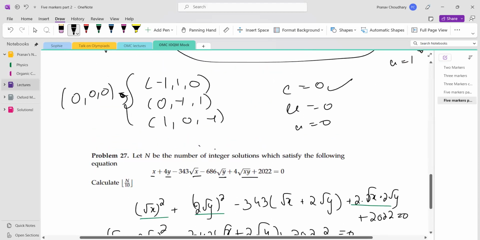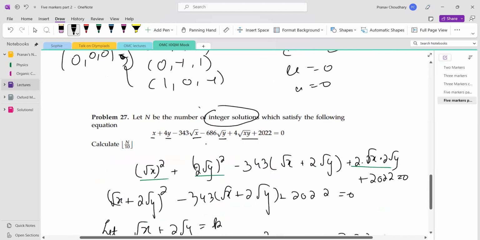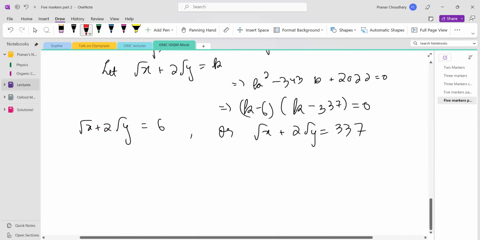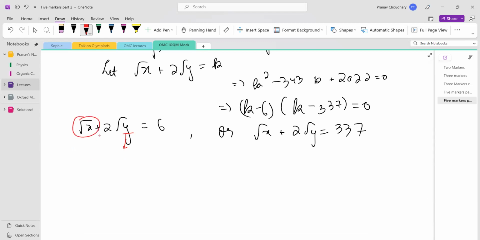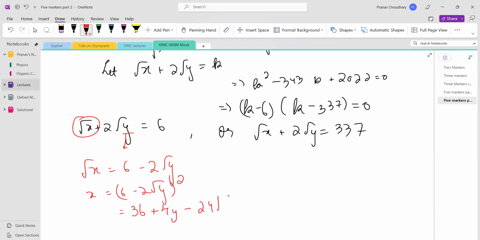And you have to find integer solutions, right? So let's try to fix y and see how x looks. For x to be an integer, root x equals 6 minus 2 root y, so x is (6 minus 2 root y) whole squared, which is 36 plus 4y minus 24 root y.